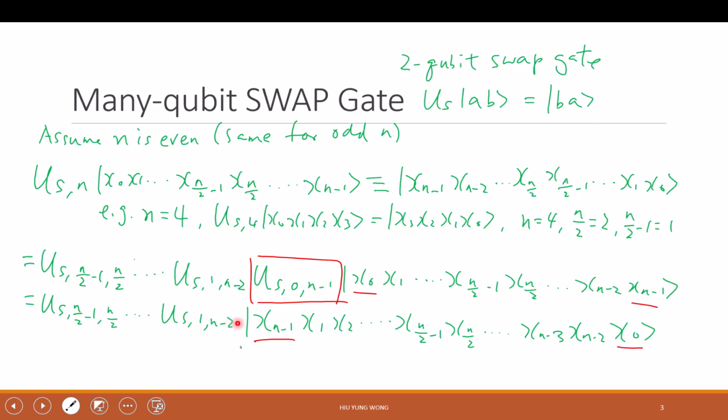An n-qubit gate, I break it down into n divided by 2 two-qubit gates. Okay, so let me run one more gate, then maybe it will be clearer, right? So then this one, S n divided by 2 minus 1, n divided by 2 ... Now I don't have this already because I swap also xn minus 2, but then the rest are the same.